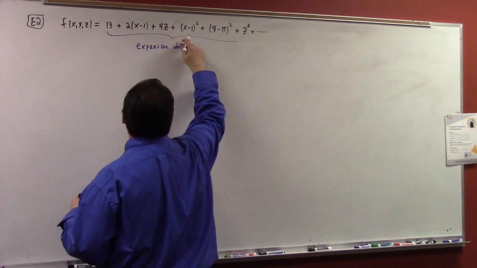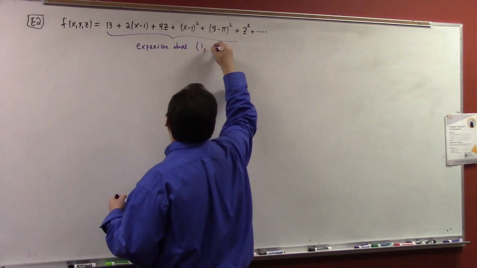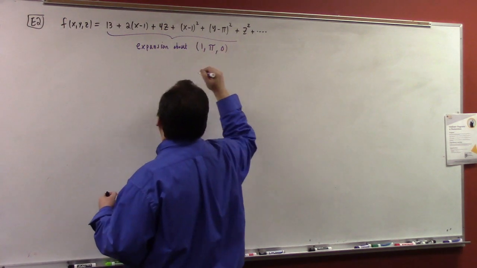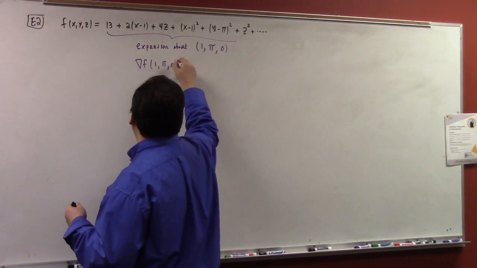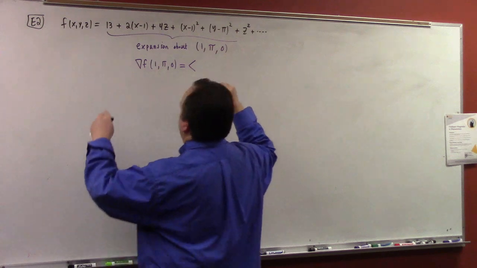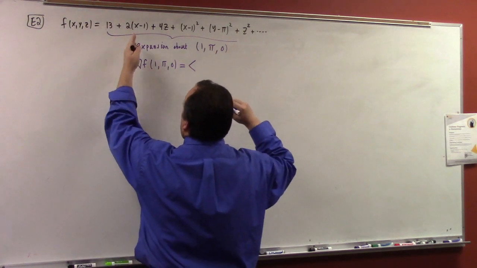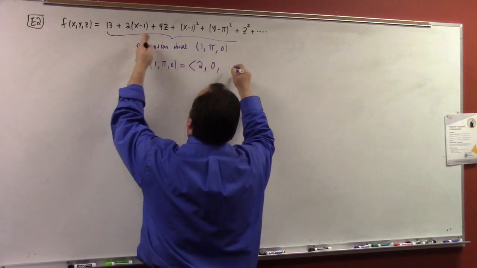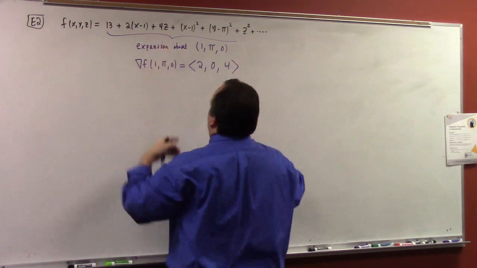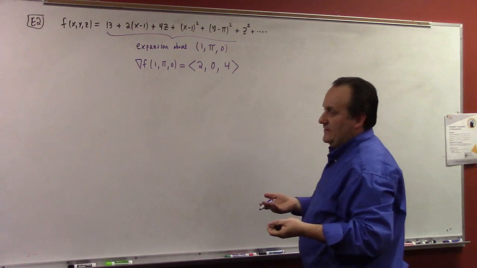This is a function of 3 variables. You can see that the gradient of f at the point (1, pi, 0) is equal to (2, 0, 4). So apparently it's not a critical point.